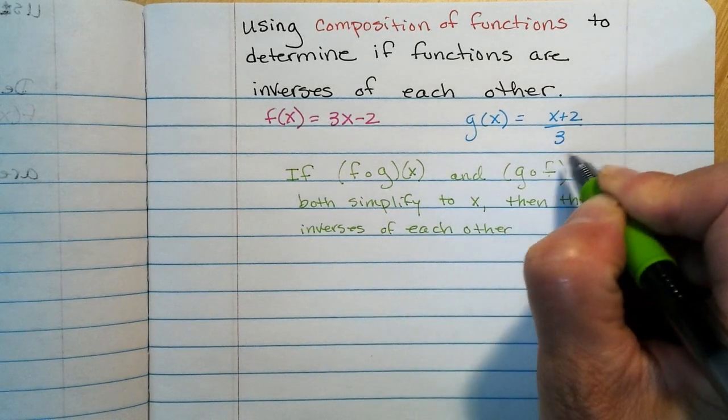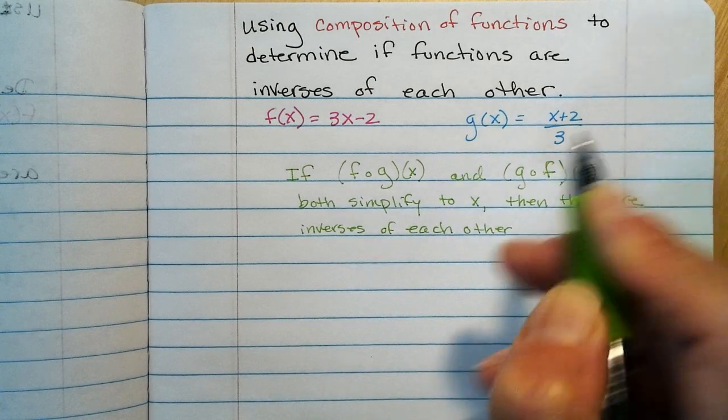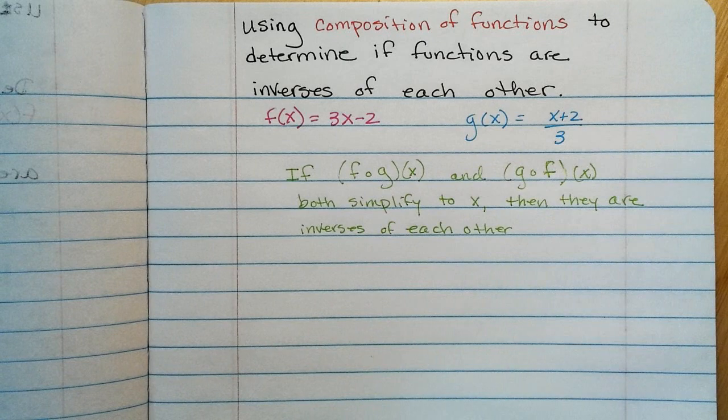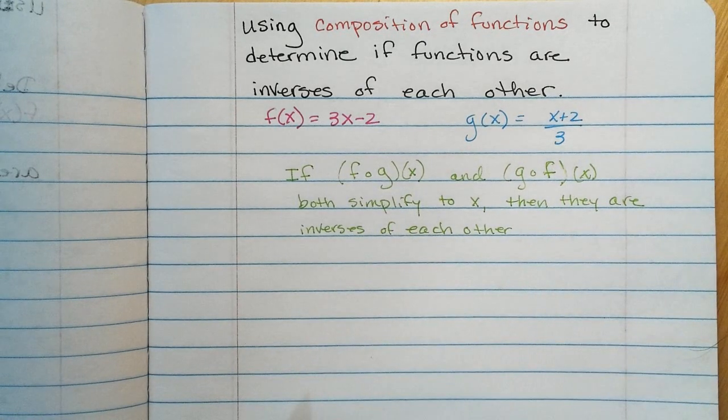So you have to test both conditions. You can't just do one, see that it simplifies to x, and say you're good. You have to do both. So that's what we're going to do.